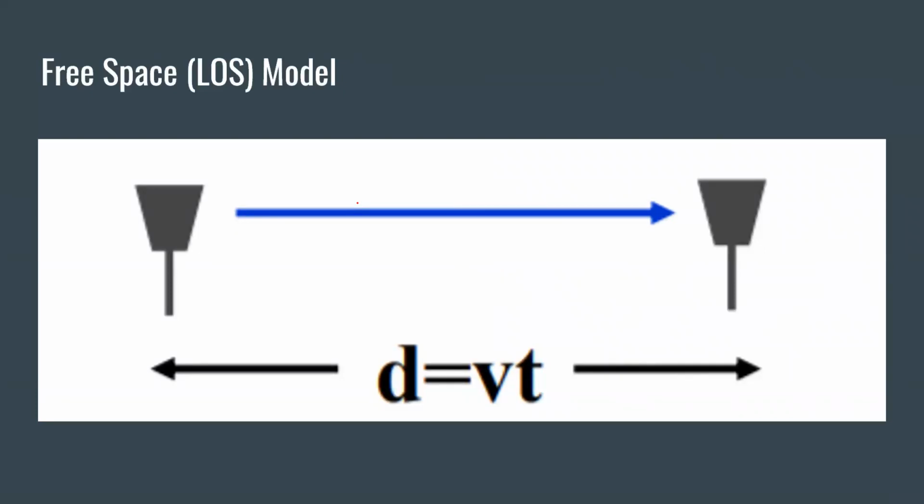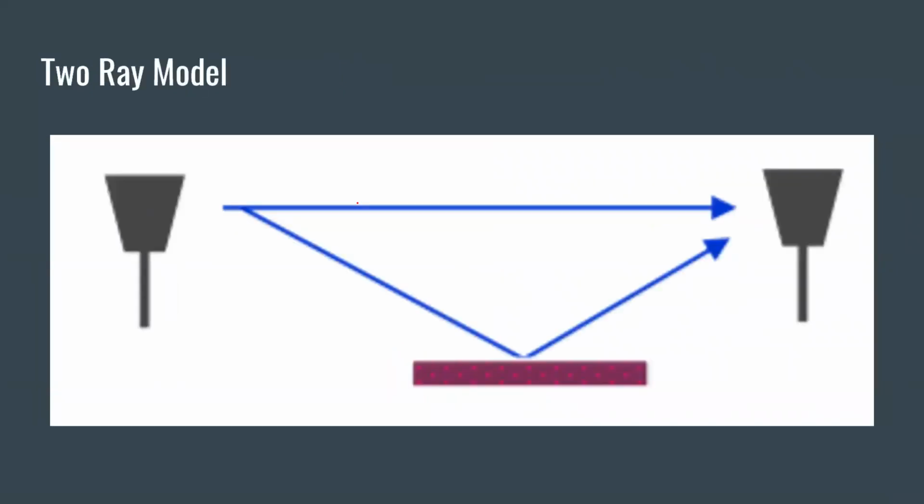And the next one is the two-ray model. The two-ray model, compared to the free space model, considers a reflection from a certain object right here. Maybe you may think that these two models are quite simple, or not exactly realistic to how signals propagate in real life.